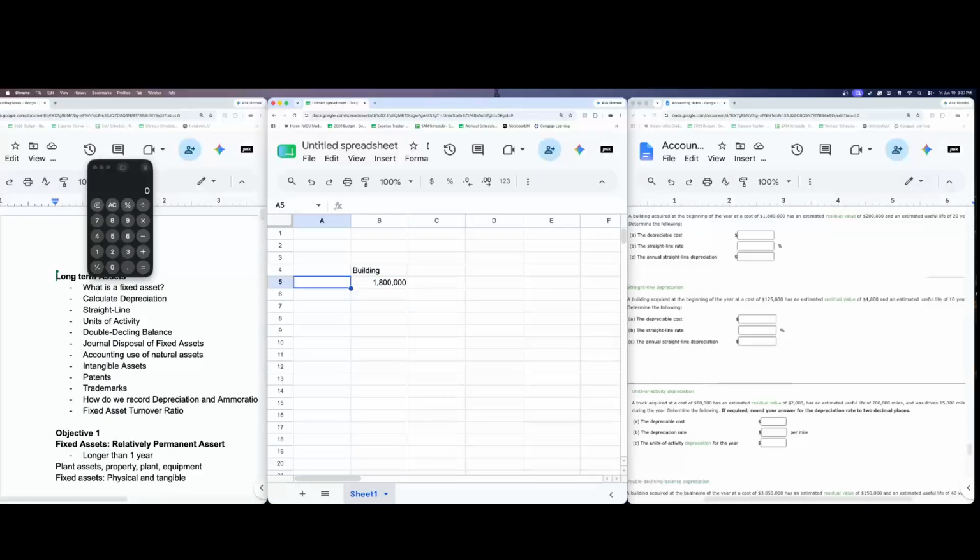Okay. So that's the purchase price, right? The cost, or in other words, the book value. The starting price.